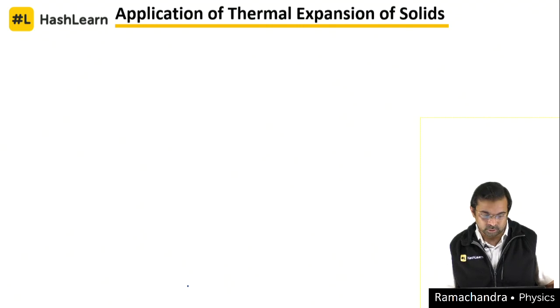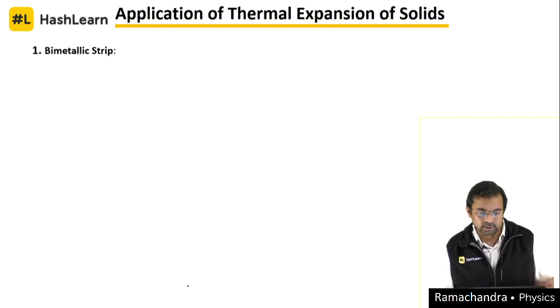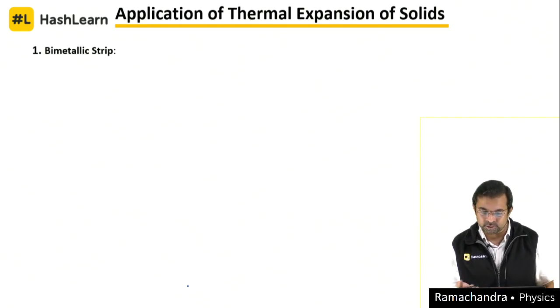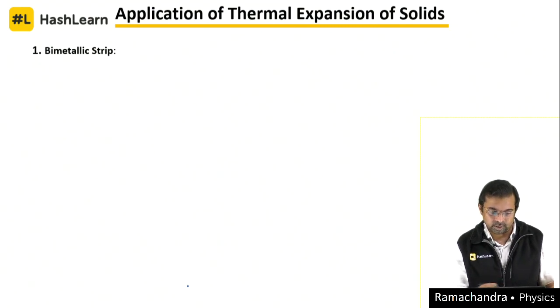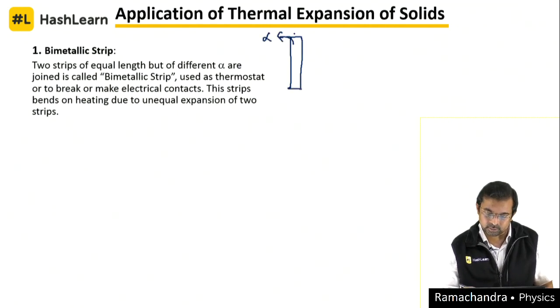So let's move on to the application of thermal expansion of solids. There are different applications of thermal expansion. One is the bimetallic strip. What exactly they do is that they join two metal strips, different metal strips having different alpha.